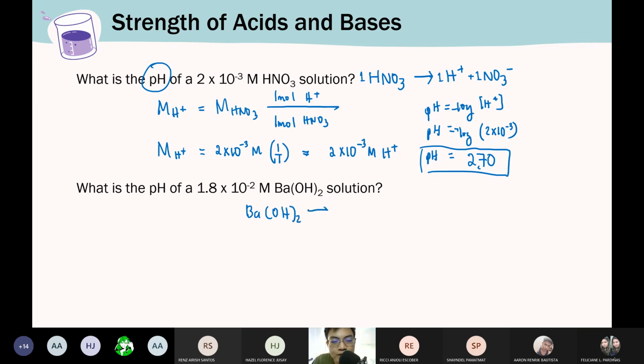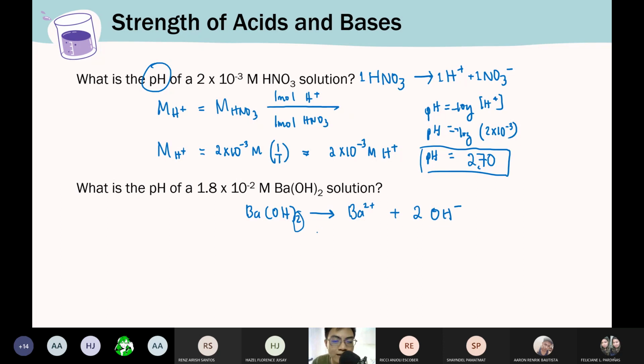Okay, so barium hydroxide is a strong base, meaning it will fully dissociate into its ions. So you have your barium ion and 2 hydroxide anions. Nagtataka siguro, sir, saan galing yung 2 hydroxide? Just look at the subscript na.